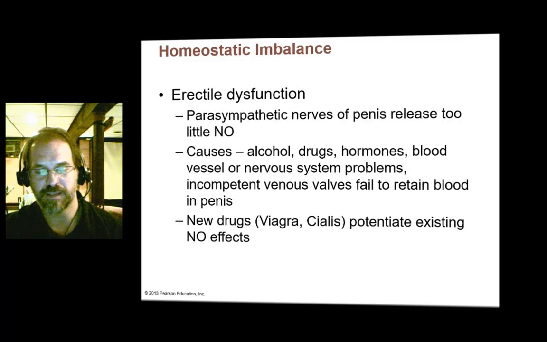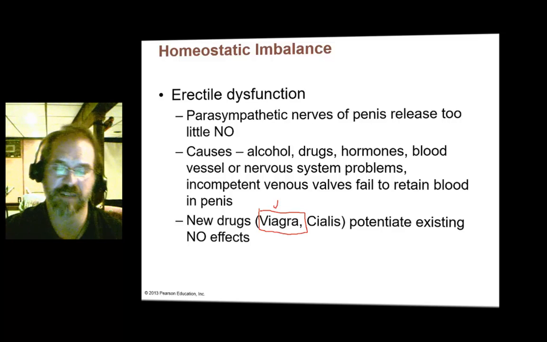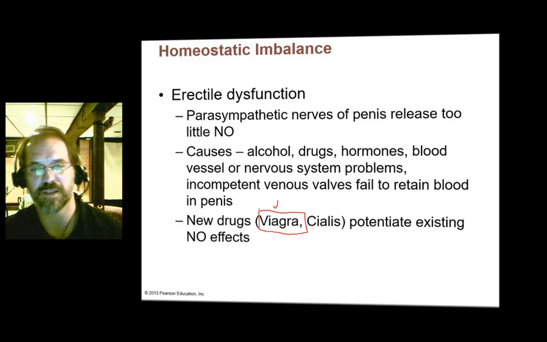Well, the all-time highest grossing drug ever invented is this guy right here, Viagra. In males that have erectile dysfunction, either they can't get an erection or the erections don't last very long. There's a variety of reasons that may be. It could be neurological.